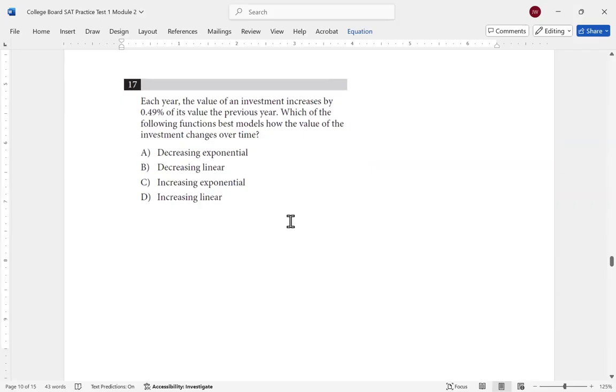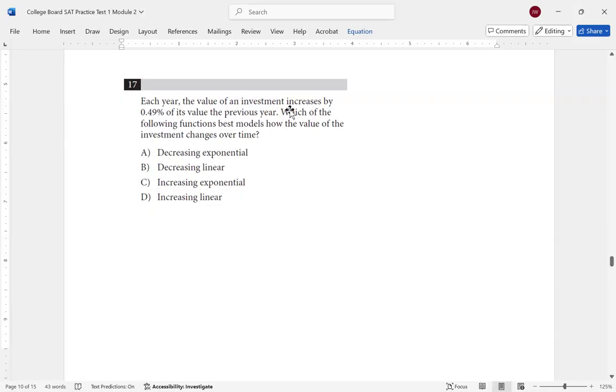Problem number 17 says each year the value of an investment increases by 0.49% of its value the previous year. Which of the following functions best models how the value of the investment changes over time?